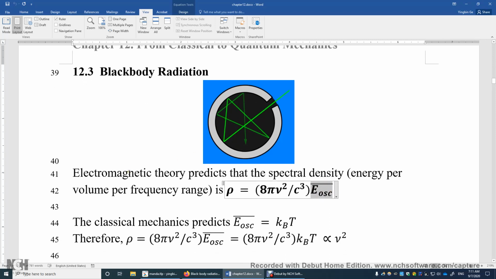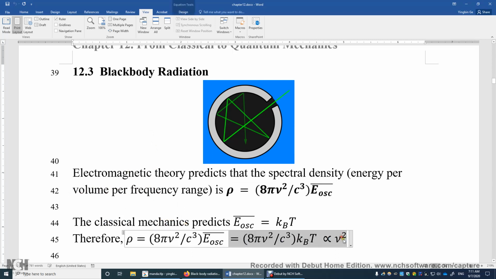The classical mechanics predicts the oscillation energy of the surface atoms is simply kBT. T is the temperature, kB is the Boltzmann constant, kB is R over the Avogadro constant. R is the ideal gas constant. So now we have this equation over here based on the classical mechanics prediction.